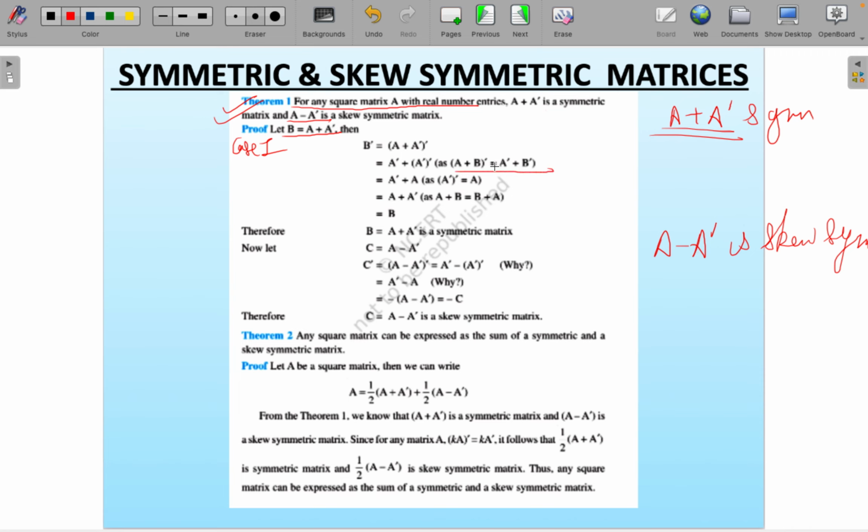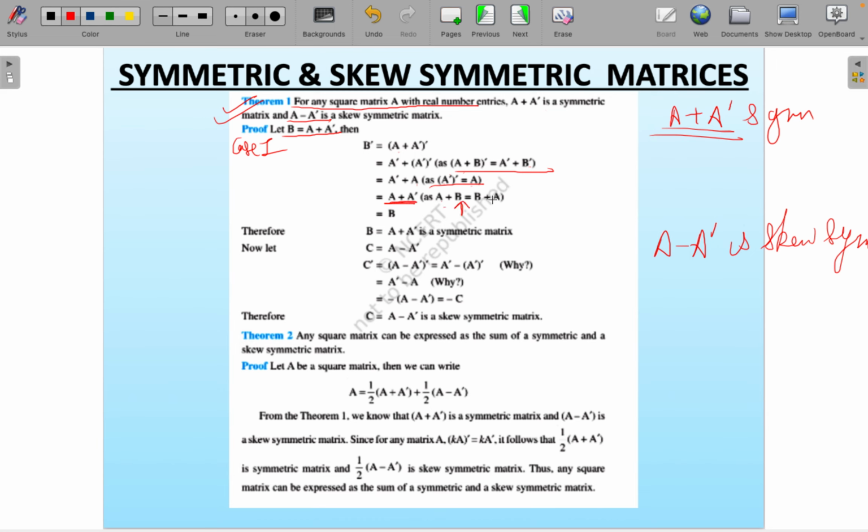A plus B whole transpose is A transpose plus B transpose. Just open the bracket. So this will be A transpose plus A transpose का transpose. Again you know this. अगर एक एलिमेंट का ट्रांसपोज दोबारा करोगे तो वो मैट्रिक्स वापस आ जाएगा, तो we get A, right? After that we get A transpose plus A. Now you know that addition is commutative in nature.